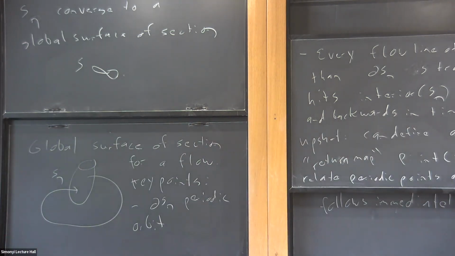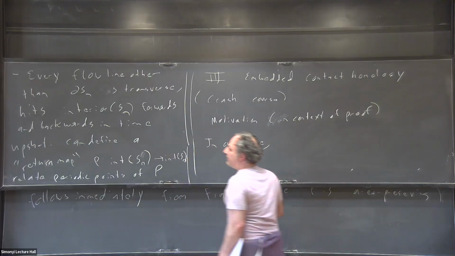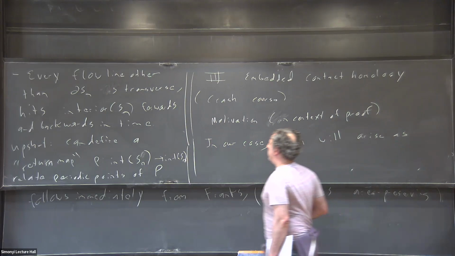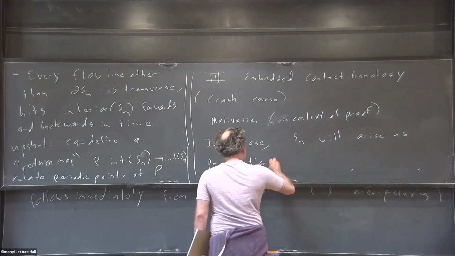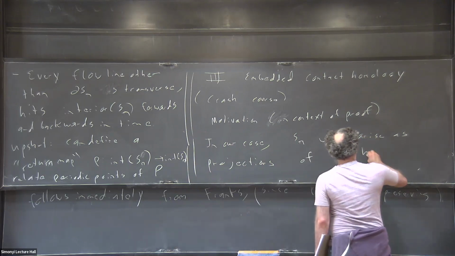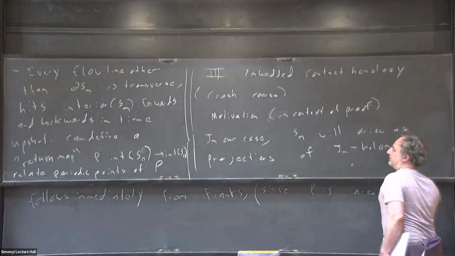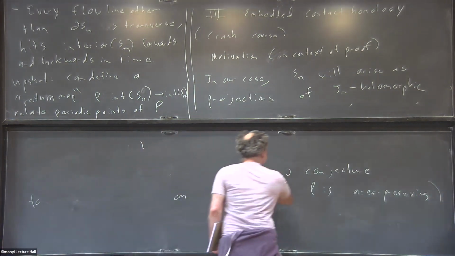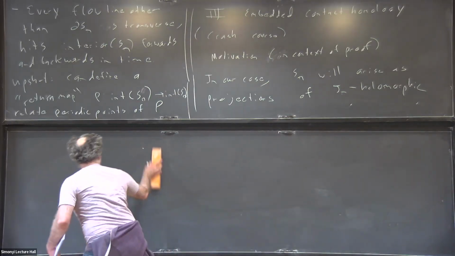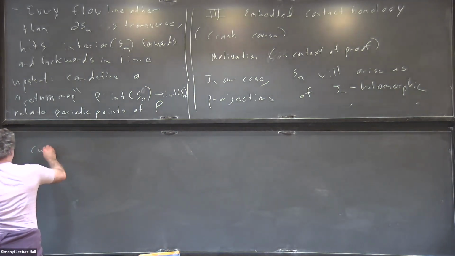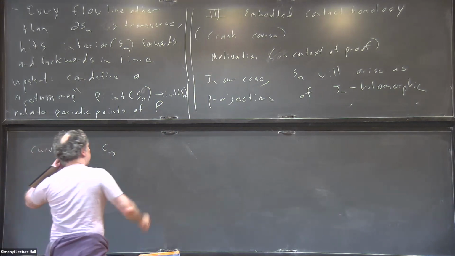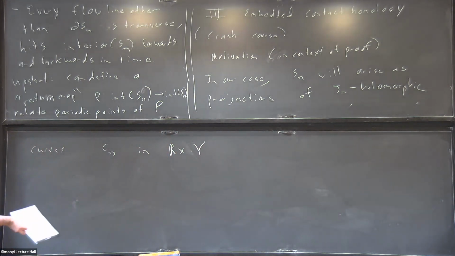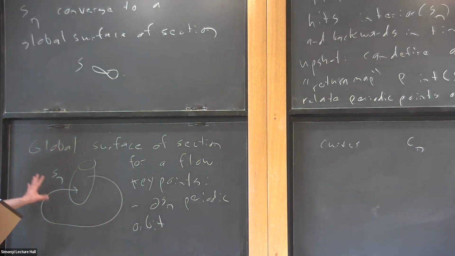So in our case, the S_n will arise as projections of J_n-holomorphic curves C_n in R cross Y. Okay, so especially if you're not used to seeing this before, let me take a minute and unwind it for you because it's not such a complicated thing.